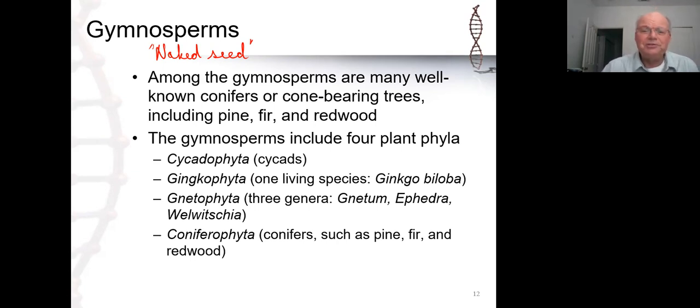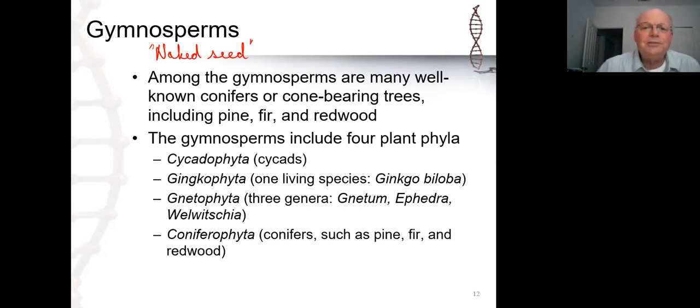The single species is Ginkgo biloba. You may have heard of it. You have certainly seen it if you've spent any time in downtown Orlando, because ginkgos are highly valued in urban landscapes because they are very resistant to both urban pollution and to insects.